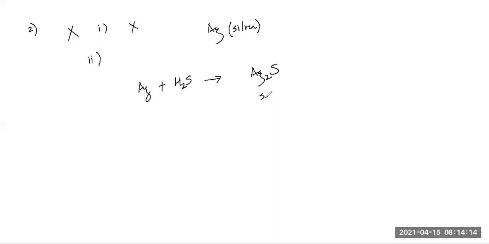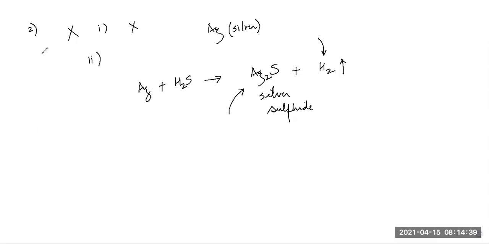Silver sulfide, plus H2 gas. This is a reaction, right? Name the black substance formed and write its formula. Well, this is the black substance formed, silver sulfide.